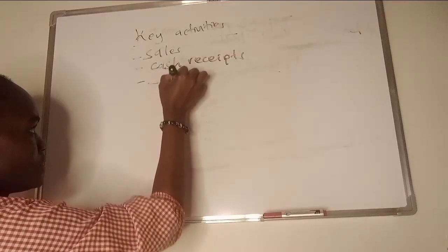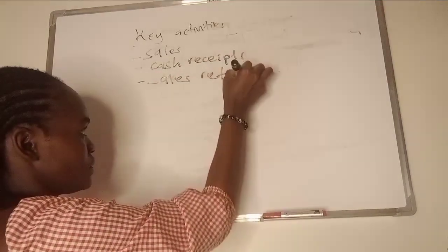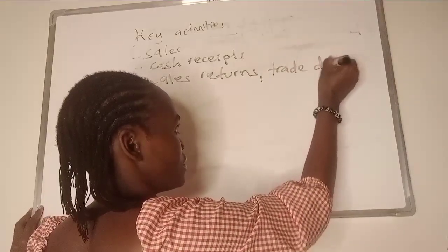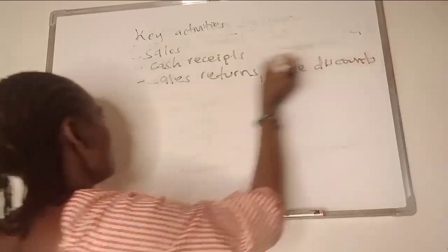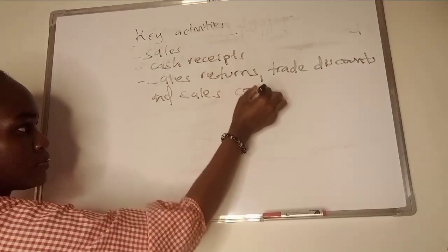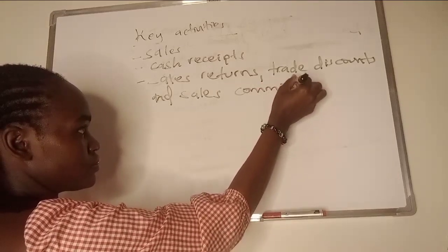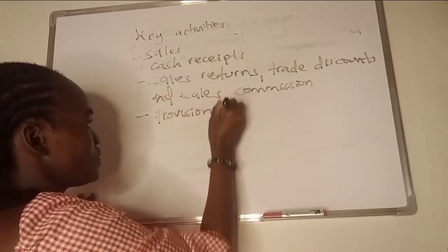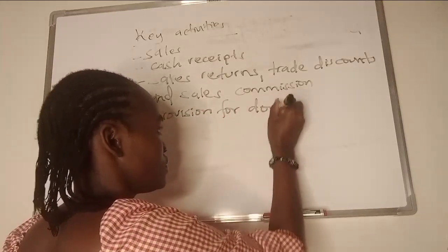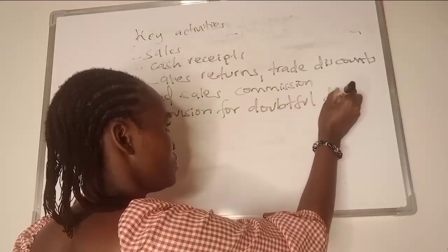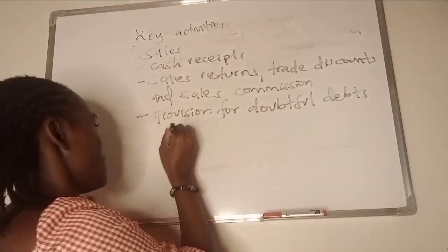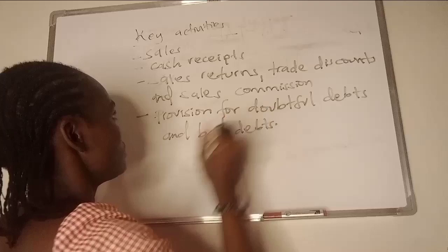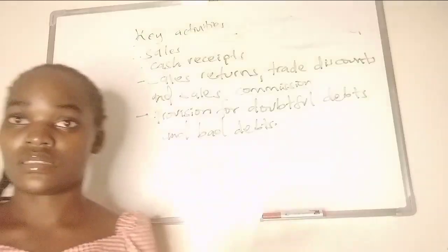There are sales returns, trade discounts, commission, and bad debts. Those are the key activities in the sales system.